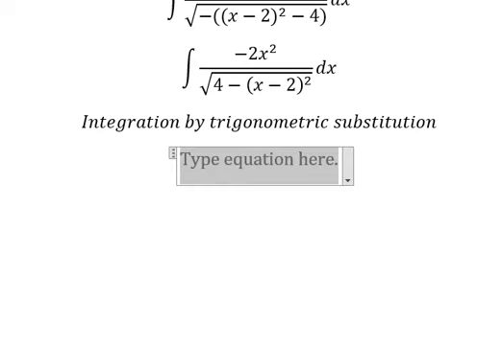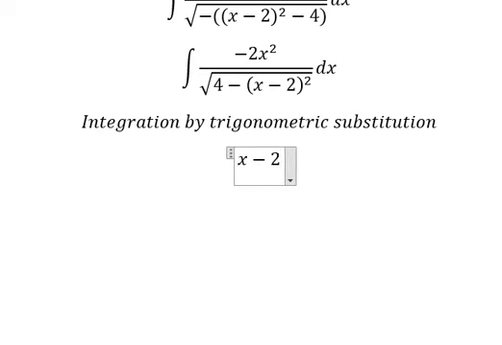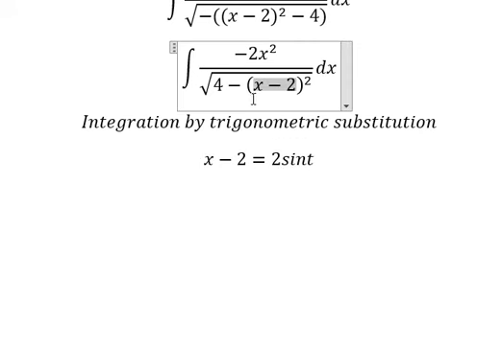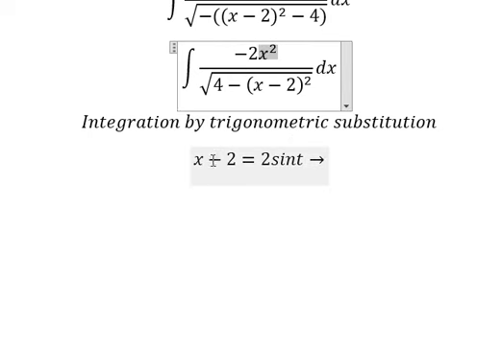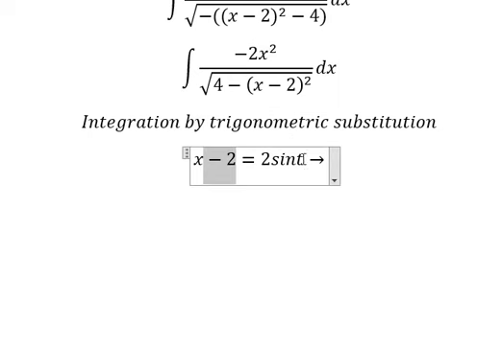So I will put about x minus number 2 equal to number 2 sine t, because if I put this one gone here, we have 4 sine t square, number 4, we can do about factorization. 1 minus sine t square, we change cosine t square, and later that we simplify the square root and dx. Next, because we still have s, so I will put negative number 2 go to the right.